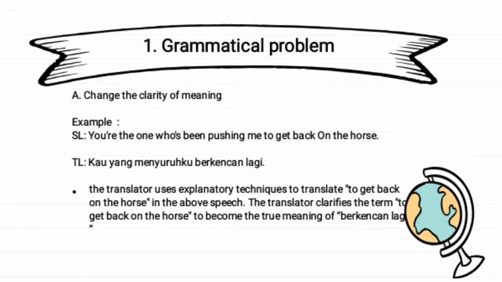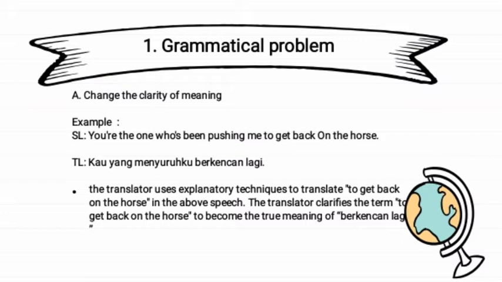Grammatical problem has many kinds. The first is change of the clarity of meaning. For example, SL: you are the ones who've been pushing me to get back on the horse. TL: kau menyuruhku berkencan lagi.